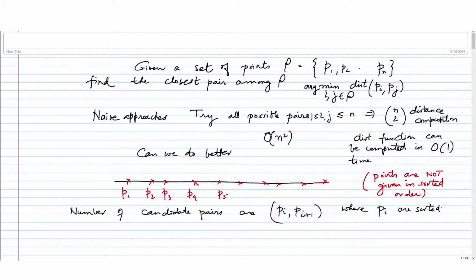So alternately, we can first sort the points, and then try the n minus 1 consecutive pairs.